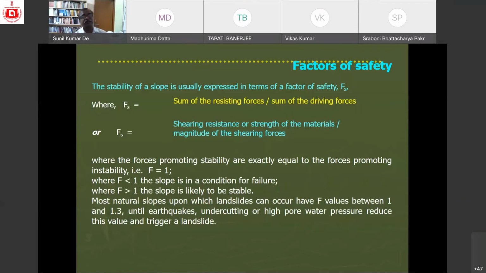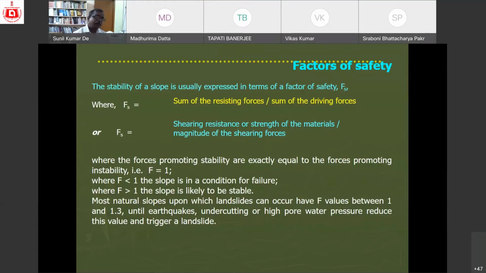Anything can happen at any time. If a huge amount of rainfall takes place, or an earthquake of magnitude 5.0 or more, the slope may fail. This is the mechanism of slope failure.